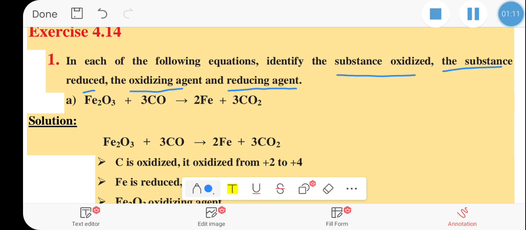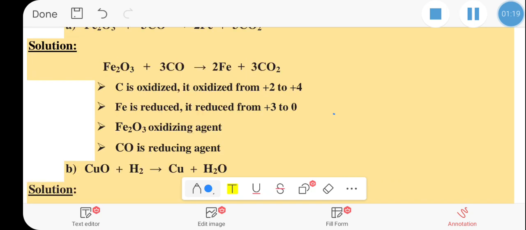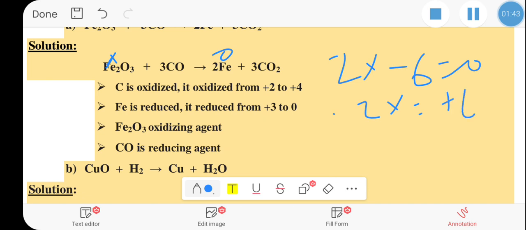A. Iron oxide reacts with carbon monoxide, gives us iron and carbon dioxide. Now, the oxidation number of iron comes to 0 from plus 3 (plus 3 ወደ 0 መጥቷል)። ምክንያቱም 2x minus 6 which is equal to 0, 2x which is equal to plus 6, x which is equal to plus 3.